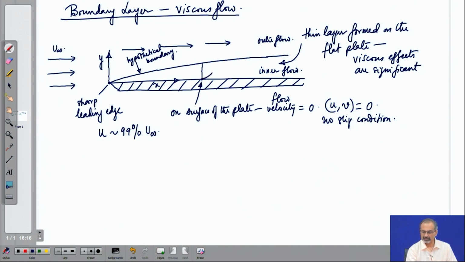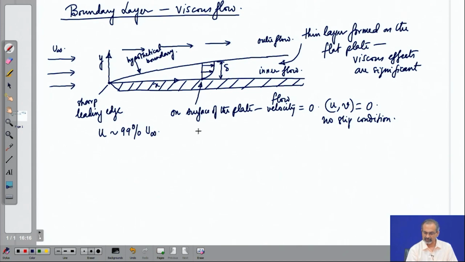So, the velocity will vary in a manner like this, and you notice that higher gradients of the velocity are noticed close to the wall and lower gradients as we approach that hypothetical boundary. The thickness of this region is usually indicated by delta.